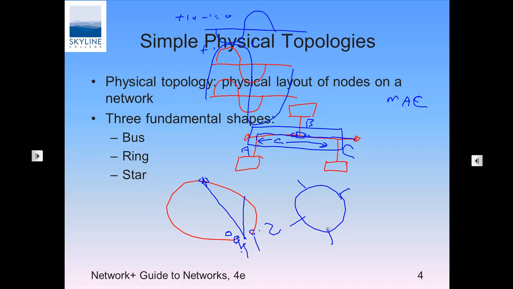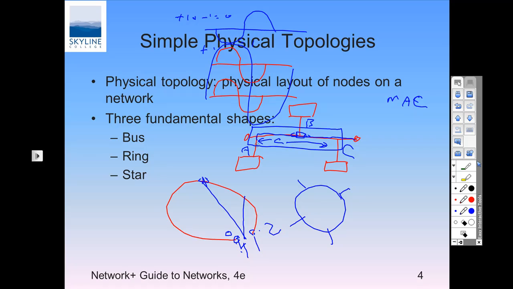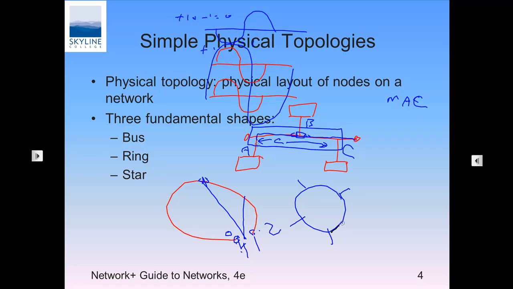The data flow will go from one to the other, and the data, the ones and the zeros, will get renewed at each of these NICs. Token ring had a lot of advantages. Token ring had a lot of painful stuff too. Those are the NICs with the two coax ports in the back? Yes.